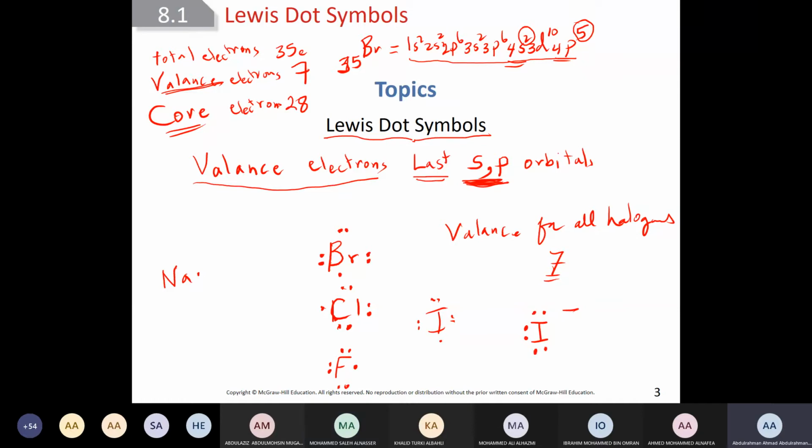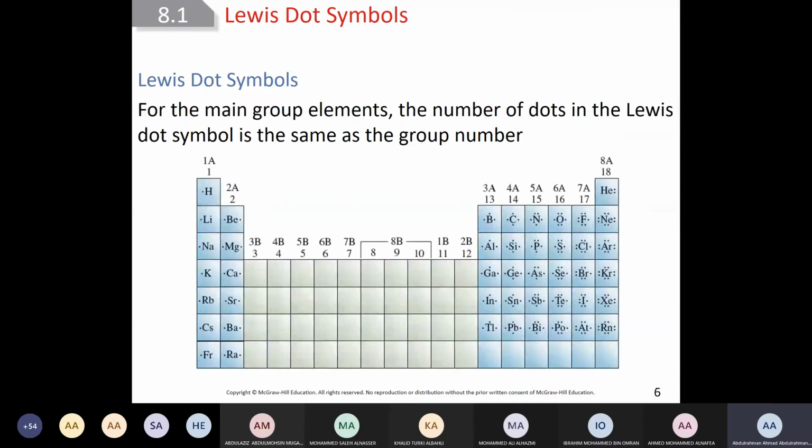This means 8 electrons, 8 dots. How about if I want Na plus? Remove 1 dot, deduct 1. This means how many electrons should I put? 0 electrons. Exactly. Is this clear? Good.